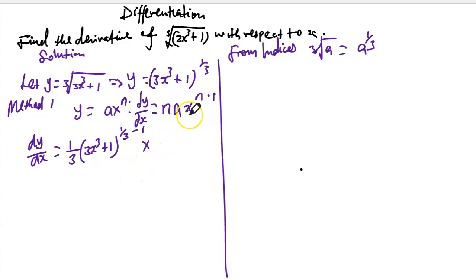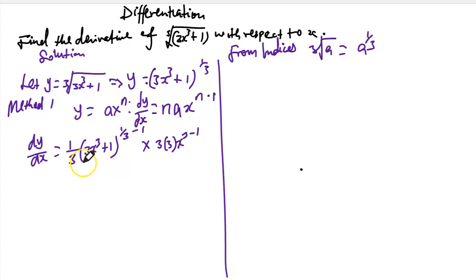Multiply this by the derivative of the function. What is inside is 3x cubed, so if I differentiate that, I can bring the power down: 3 multiplied by 3, then x to the power 3 minus 1. Yes, that is correct.